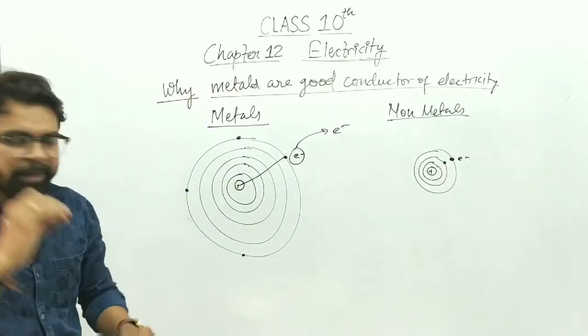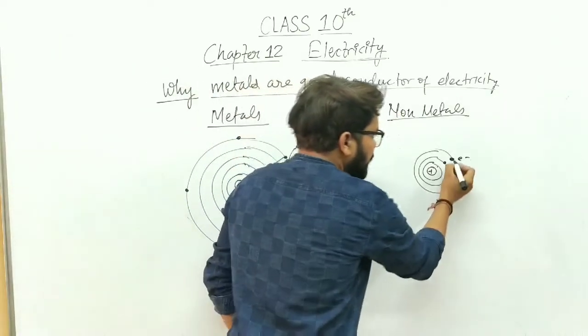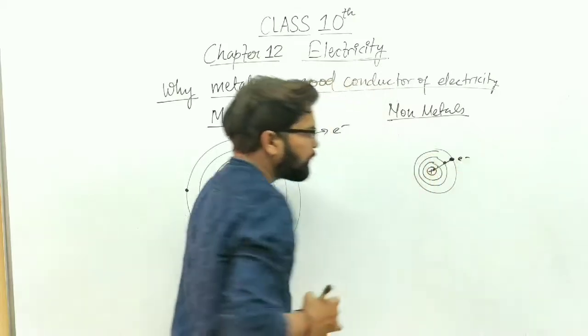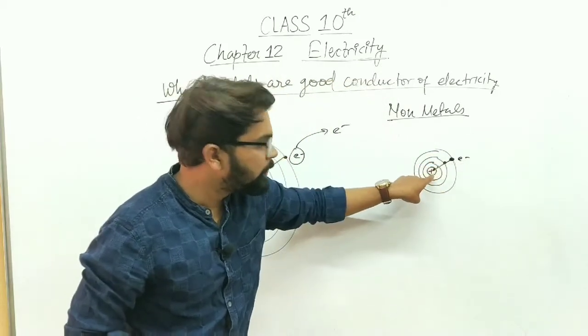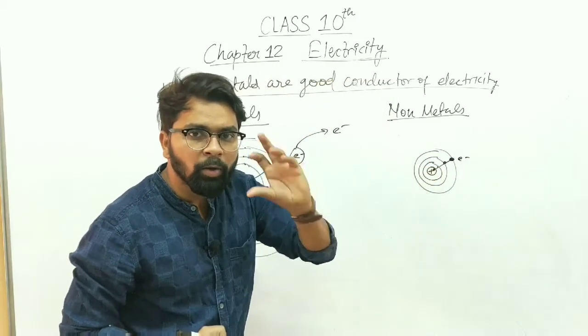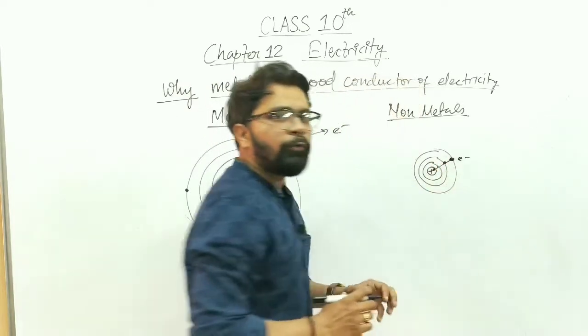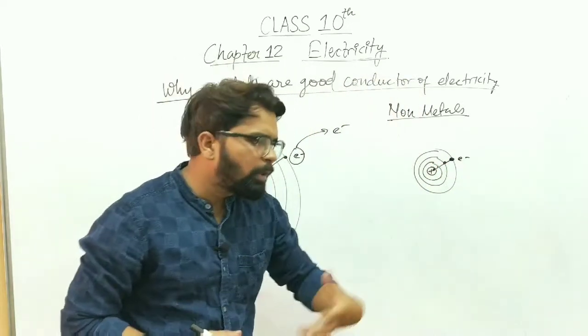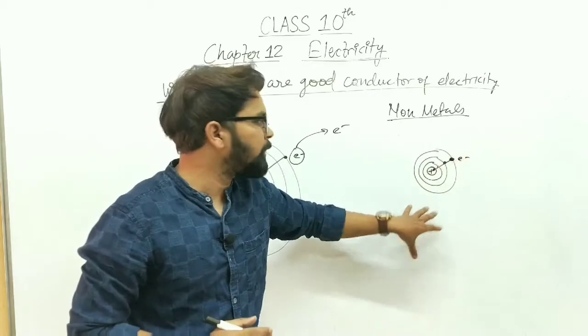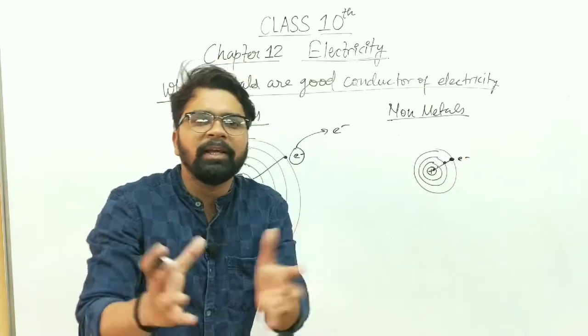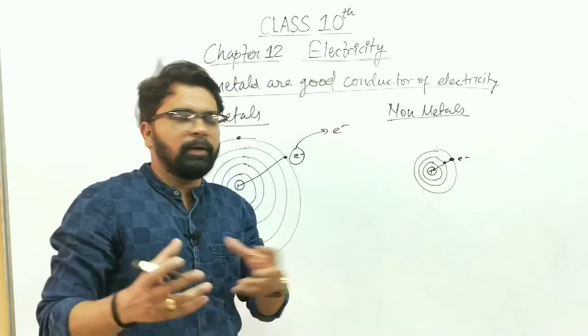But if we talk about non-metals, the distance between this electron and the nucleus is quite small. So if you apply more heat at room temperature, it is not going to free this charge quickly.